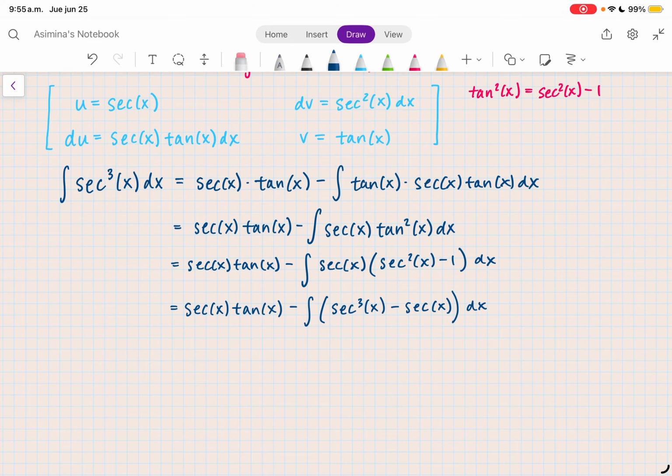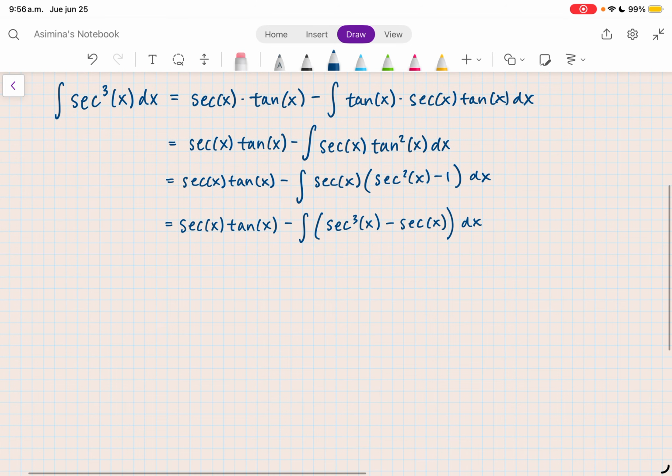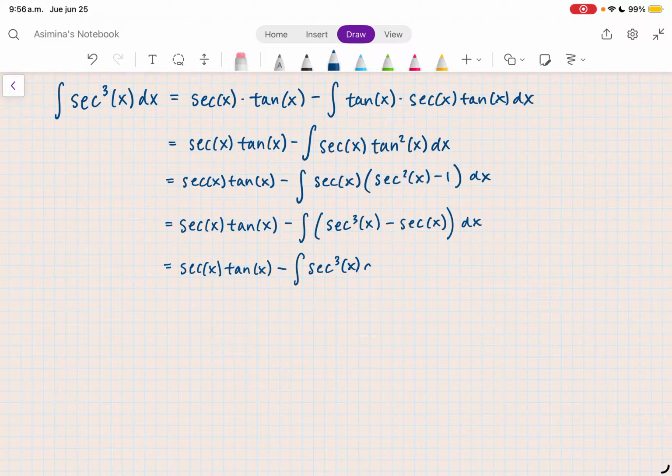Now I can break up this integral since we're subtracting, so this is going to be equal to minus the integral of secant cubed x dx minus the integral, so that's just going to be plus the integral of secant of x dx.